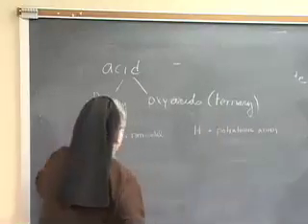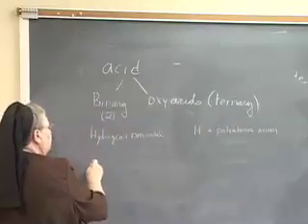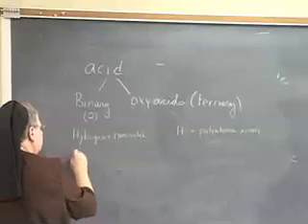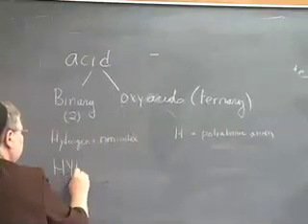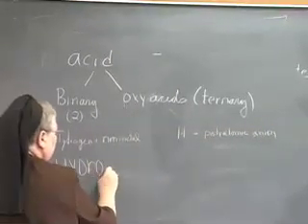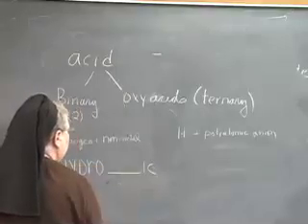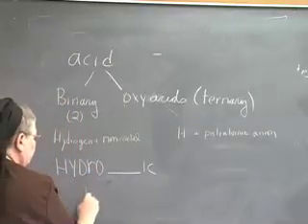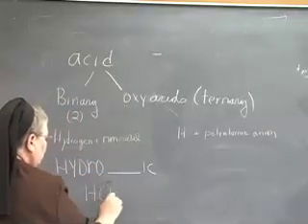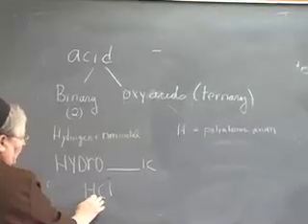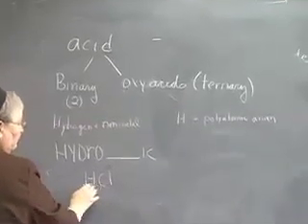So if it's binary, then the acid always begins with the word hydro and ends in "ic." For example, HCl, hydrochloric acid.